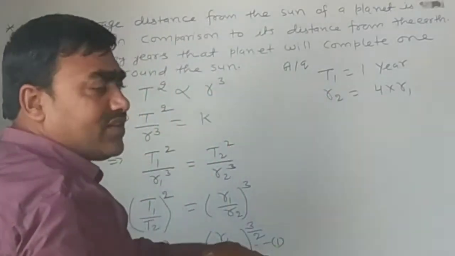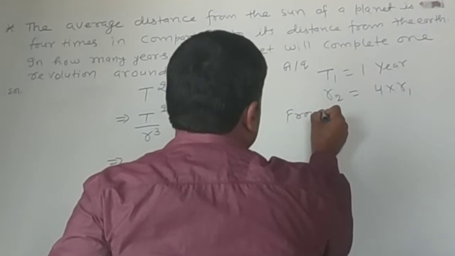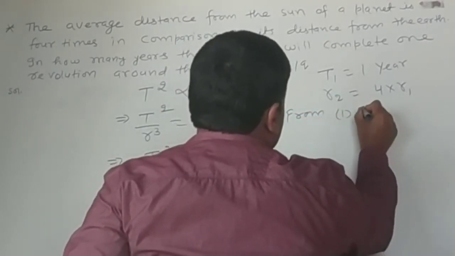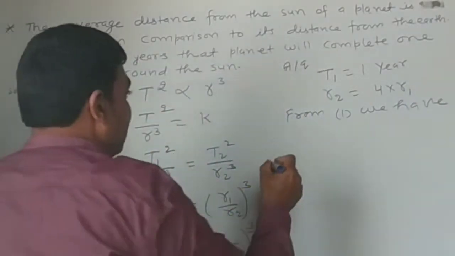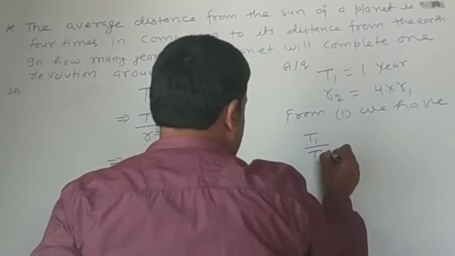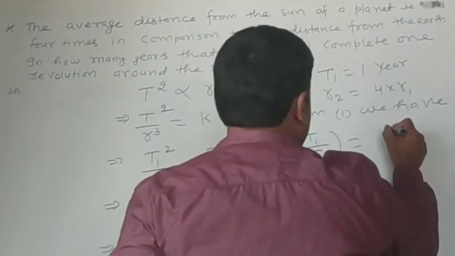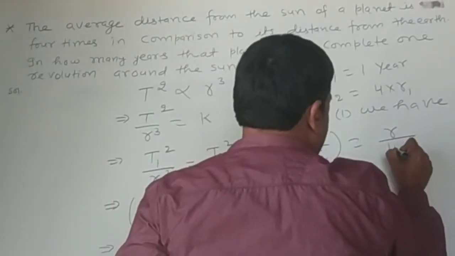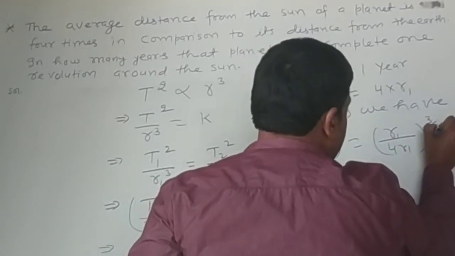In equation 1, we put the values. T1 upon T2 is equal to (R1 upon 4R1) to the power 3 by 2.